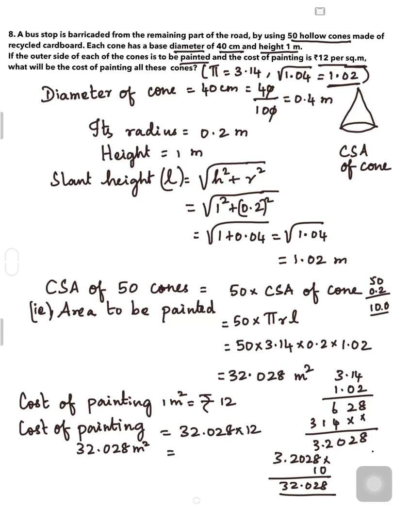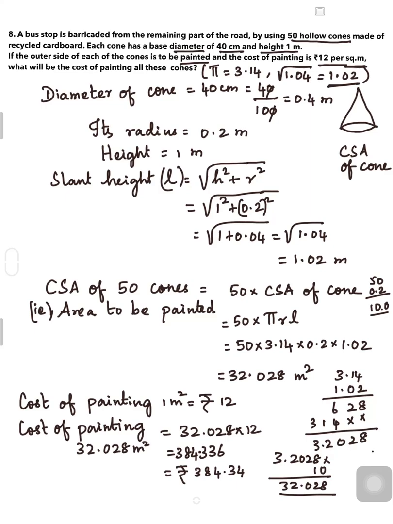When you multiply, what do you get? 384.336. You have to keep after 3 decimal place. So that if you round off, you get 384.34 rupees. So how much money you have to pay for painting these 50 cones? It is 384.34 rupees approximately. Is it clear, children?